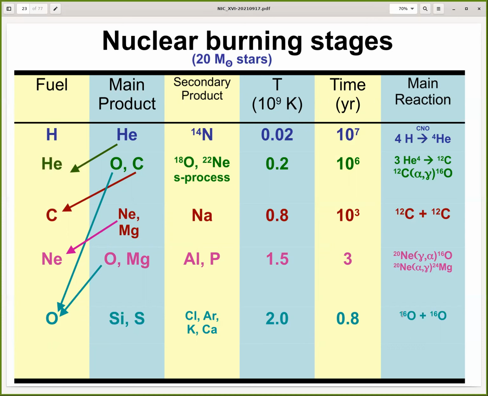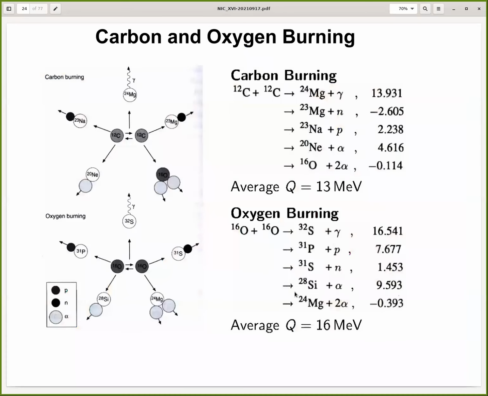And the reaction there is very similar to the carbon burning. We've seen this on the previous slide. Again, we have two oxygen come together. They make sulfur 32 in principle, but it's not a dominant branch. More common are branches to make a proton, neutron, or alpha particle, maybe even two alpha particles.